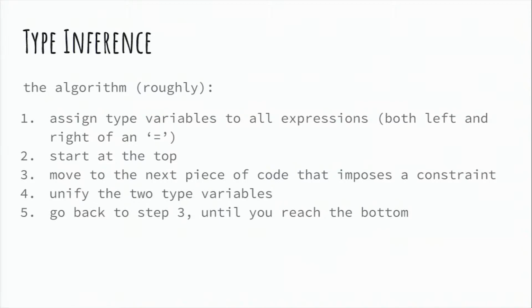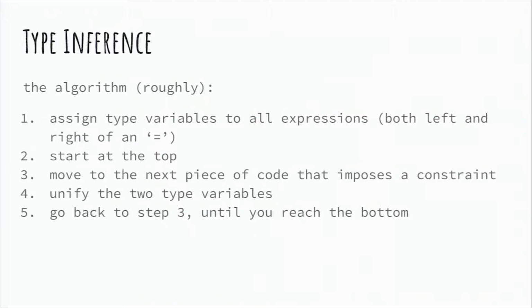Because what does this algorithm roughly do? It starts by taking all the code and all the nodes in the code and all expressions and sub-expressions and assigning a type variable to it, both left and right of an equals for definitions. And it just starts at the top and it moves to the next piece of code that imposes a constraint. I'll come to that.